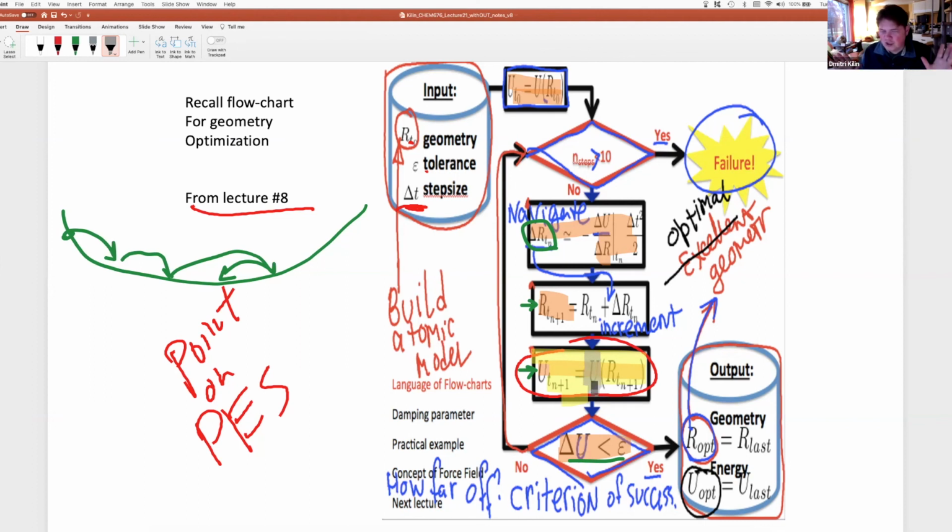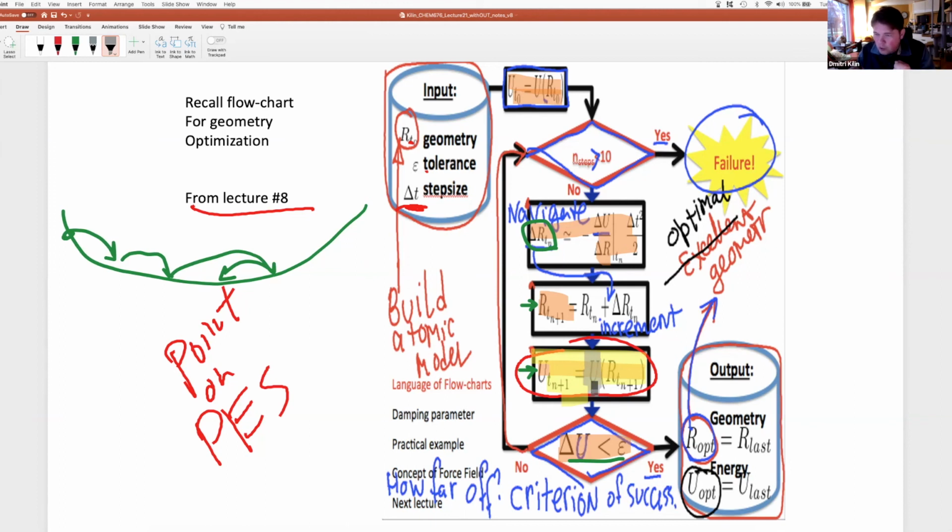We don't know where it comes from. It's just a predetermined function. But now we do have density functional theory. We have a code that for each set of atomic positions gives us total energy.